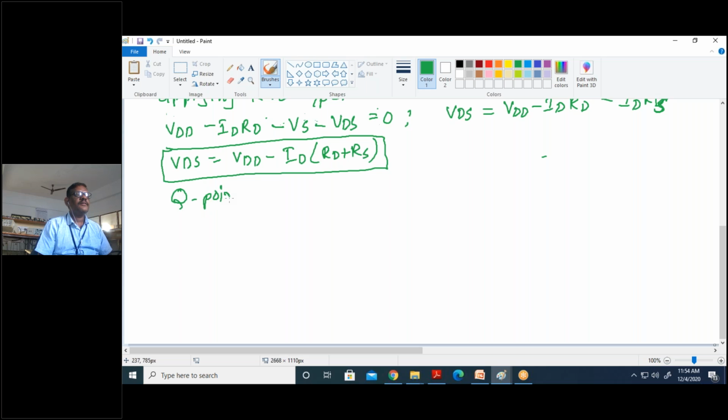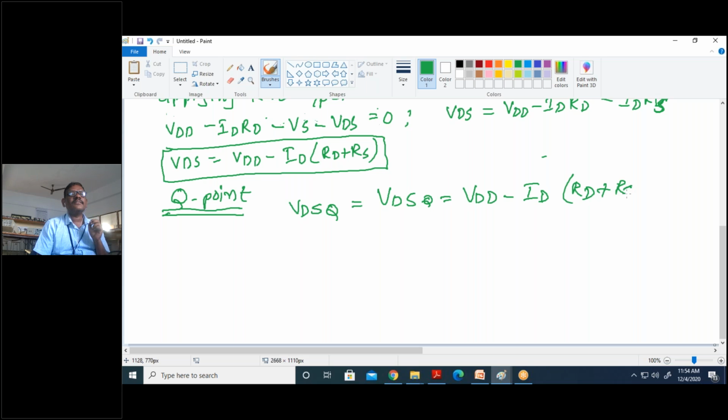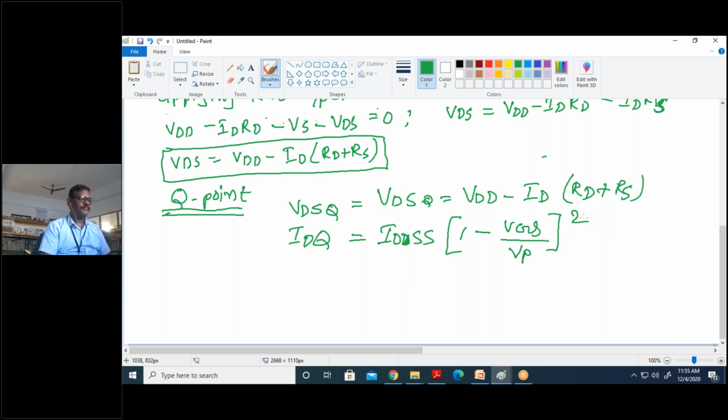So JFET operating point, VDSQ, Q for operating, is equal to VDD minus ID into RD plus RS, and IDQ is equal to IDSS into 1 minus VGS by VP. Here VP means pinch-off voltage.